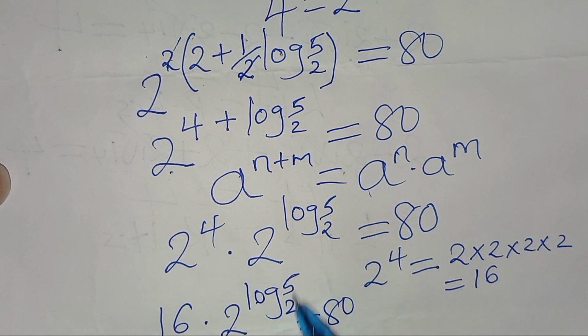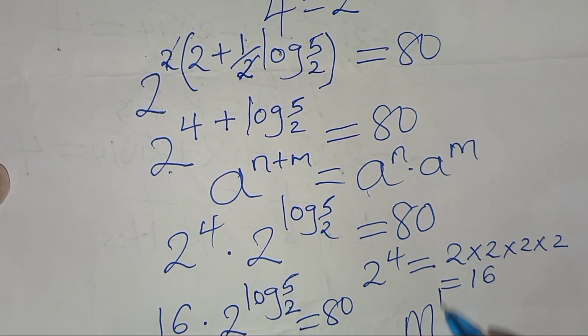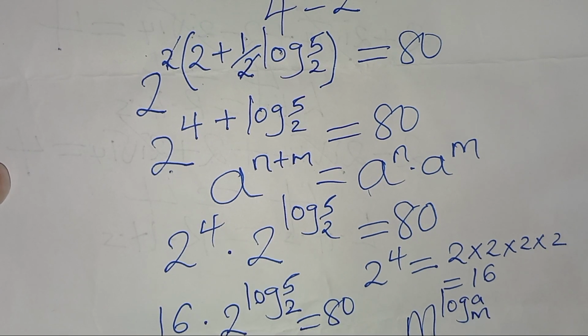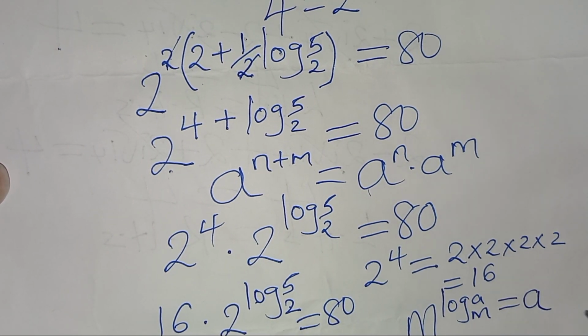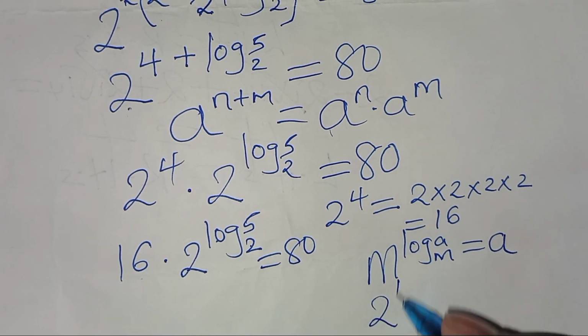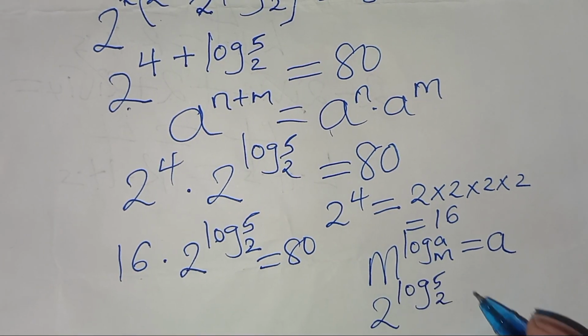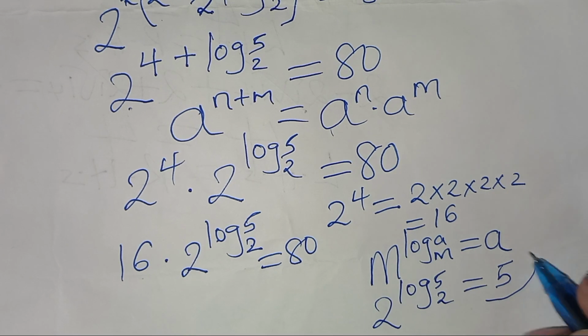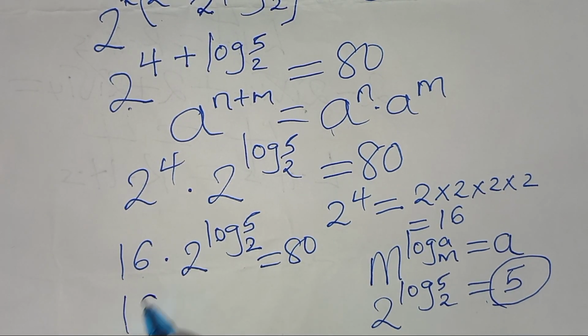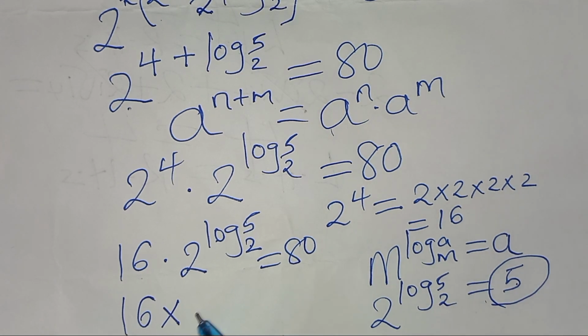Now 2 to power log 5 to base 2 is in the form of m to power log a to base m. Applying this logarithm property, this is supposed to give us a. That means that 2 to power log 5 to base 2 is supposed to give us a value of 5. Now let's substitute this value of 5. We'll have 16 times 5.